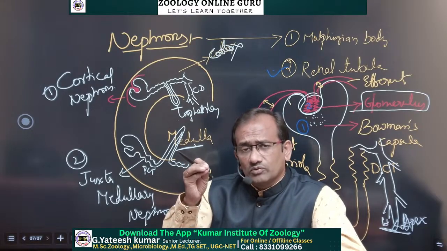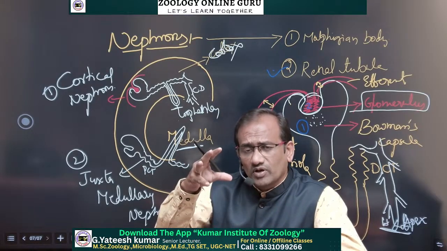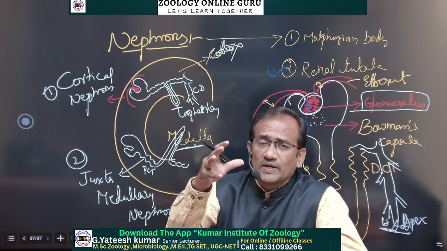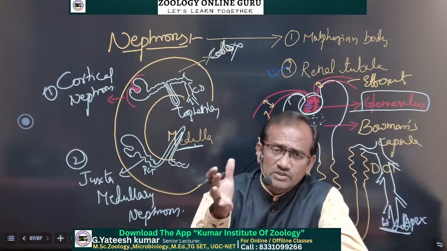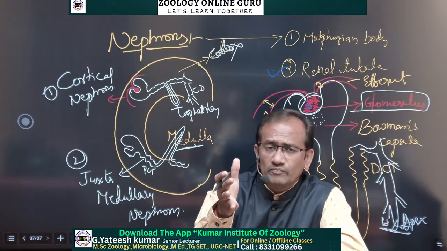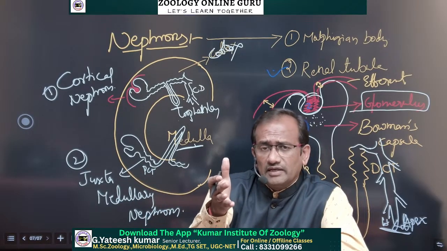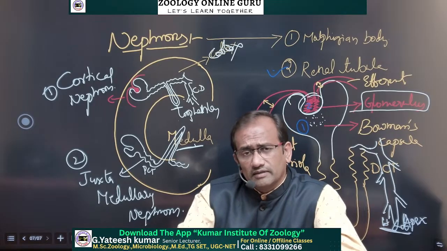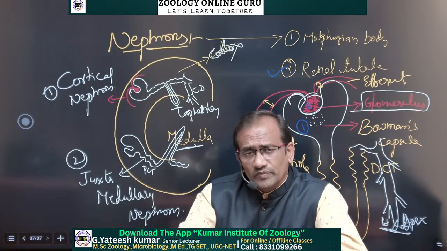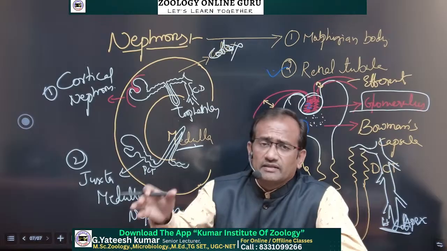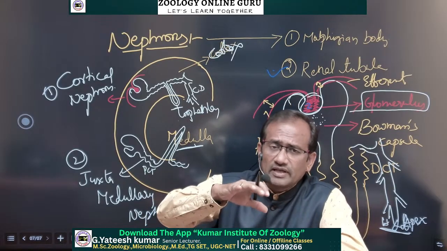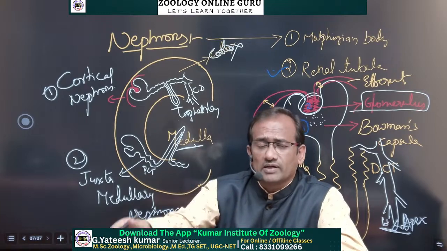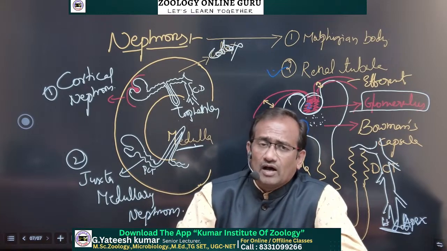Hilum, and the artery entering the kidney is called the renal artery. Before entering the kidney, it divides into a number of branches, called segmental arteries. The segmental artery enters inside and converts into interlobar arteries, then into arcuate arteries, and after the arcuate arteries they enter deep inside and convert into interlobular arteries, and then arterioles.